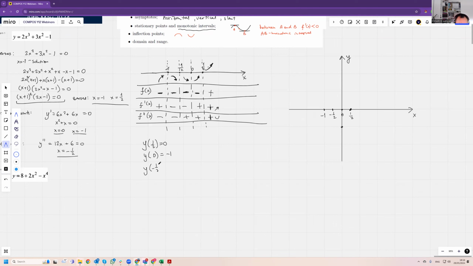Y of -1/2 is going to be 2 multiplied by -1/8 plus 3/4 -1. So that's -1/4 plus 3/4 -1. So that is 1/2 -1, -1/2. So it's somewhere here. And y of -1 is 0.